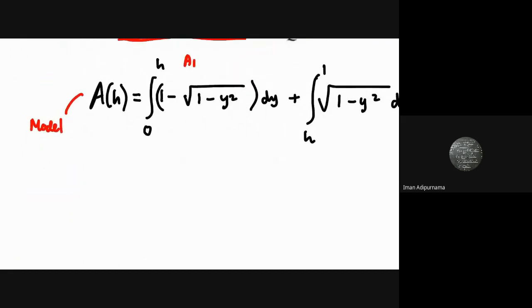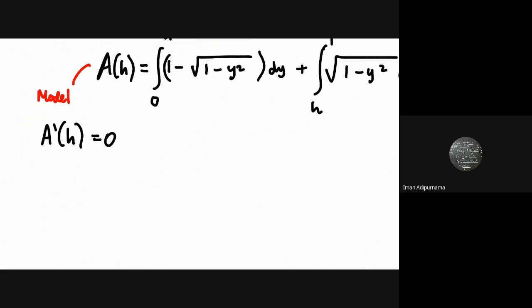So let's try to find the minimum area, which is what we need to find. If you remember, this is from optimization. So we can compute the derivative.